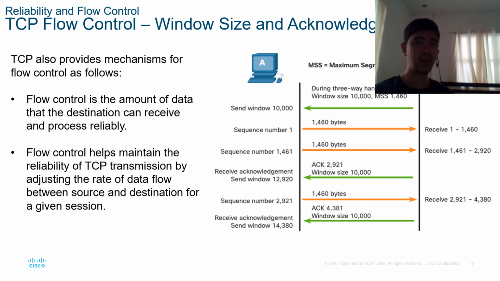A while ago you were waiting for 1 hour, but you only waited about 10 minutes, and the files were downloaded successfully. The reason is that if TCP sees it can send more, it will send more, and that's flow control.